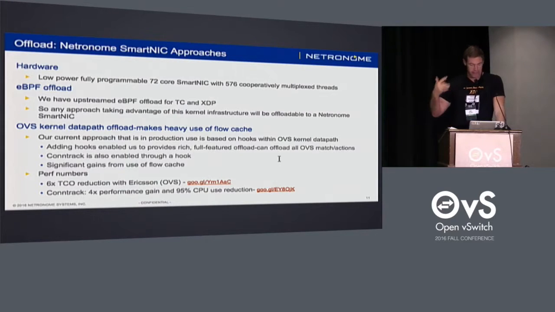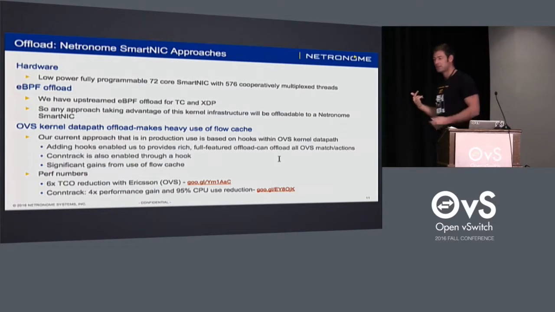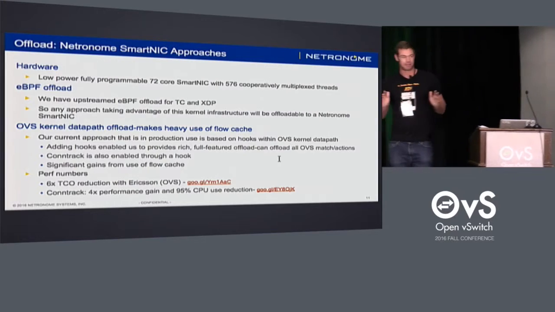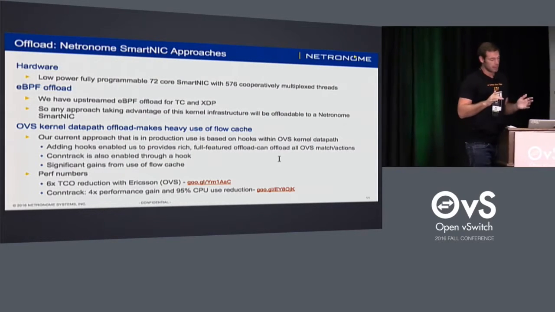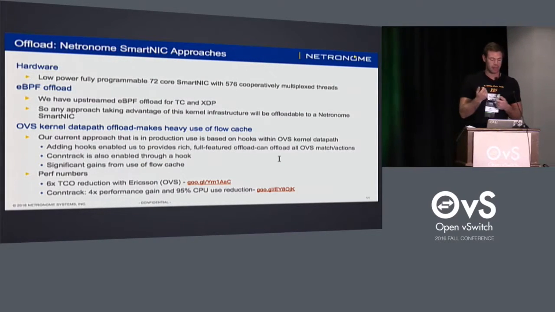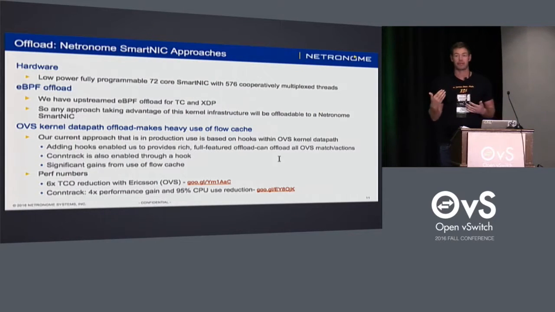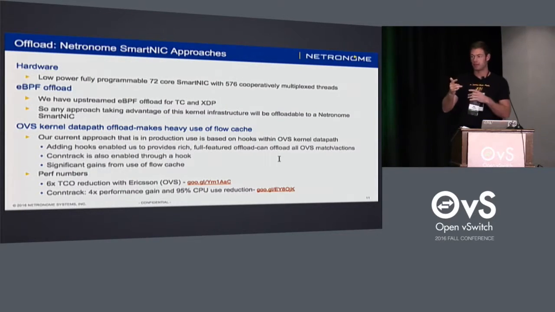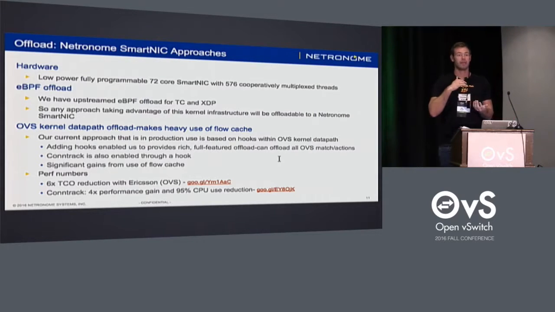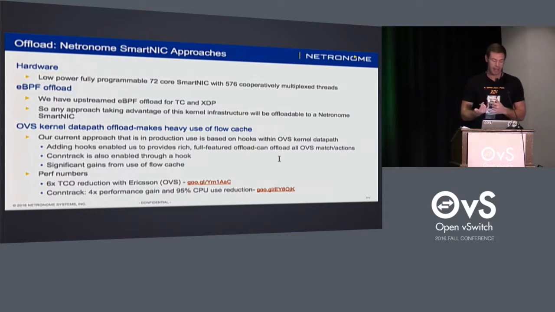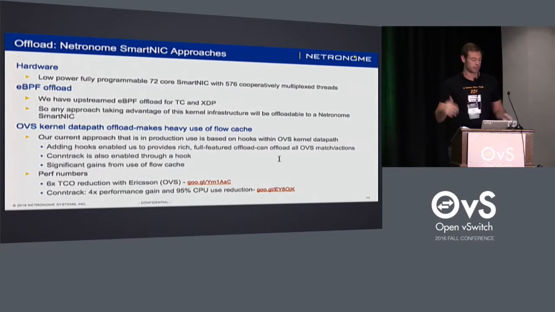So now I get to the final part of my presentation, which is running pretty short here, but that's hopefully okay. It's how we would link this into offload, because obviously what we do is offload things, and something we always think about is how can we improve the performance of this and how can we fit it into the way that we do things. So really what we do is we have a low power, fully programmable 72-core smart NIC.